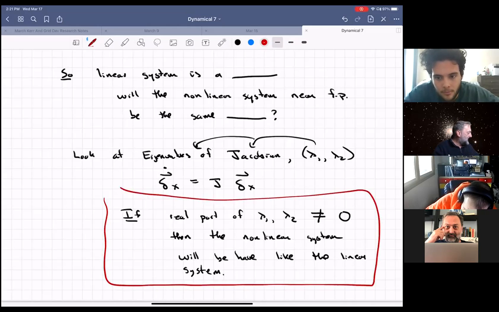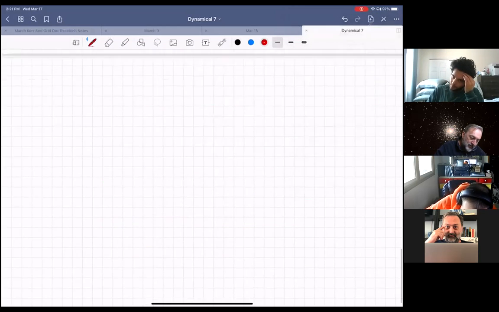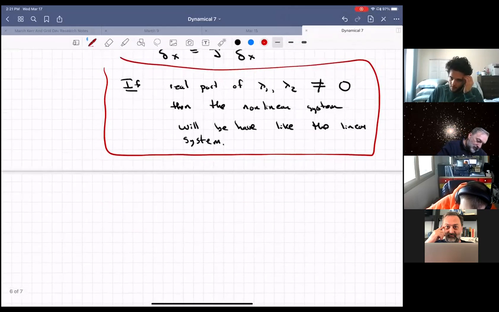That is something that we want to call the Hartman-Grossman theorem. And I'll write the Hartman-Grossman theorem out in a little bit better phrase.